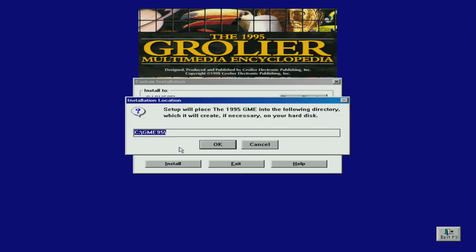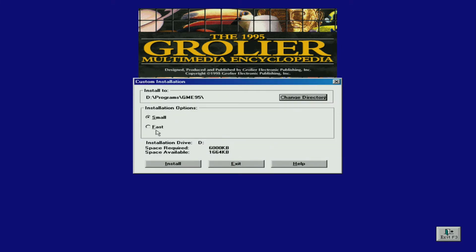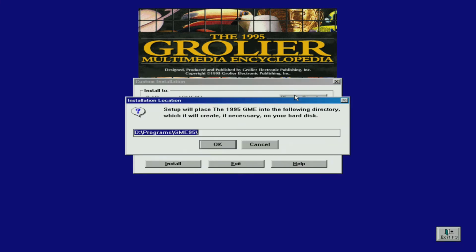Okay, let's see if that works. I want to put a lot of it inside the hard drive. Okay, guess I don't have enough memory there.